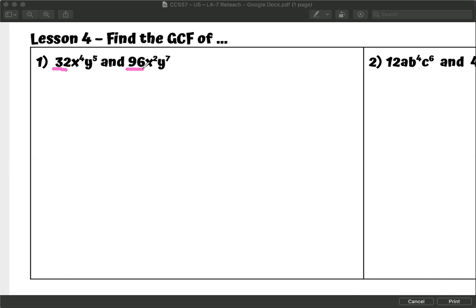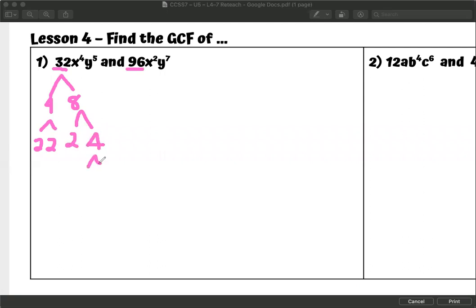Maybe you know their greatest common factor off the top of your head. A little bit harder with these bigger numbers. You can also use prime factorization. I can split 32 into, let's do 4 and 8. Both of those are not prime, so I can split it further. 4 splits into 2 and 2. 8 splits into 2 and 4.